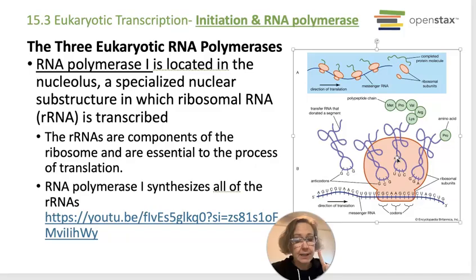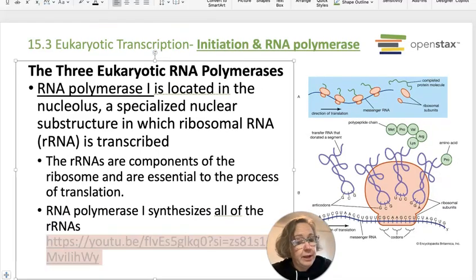And you need polymerase 1 to make that hamburger magic happen. Okay? So again, before we move to the next slide, polymerase 1 is located in the nucleolus, and it's associated with rRNA, which is the ribosome.